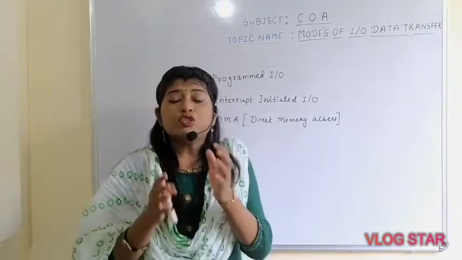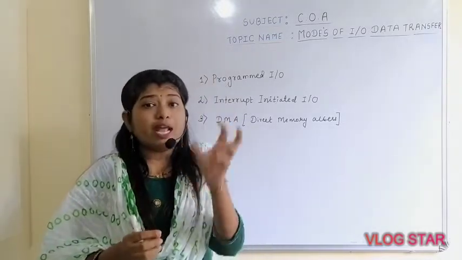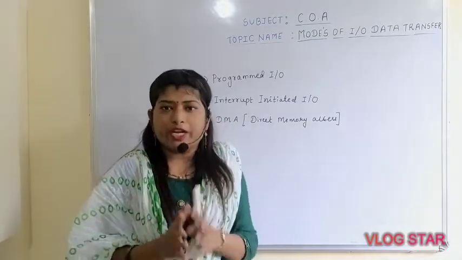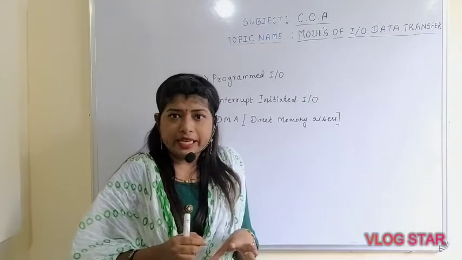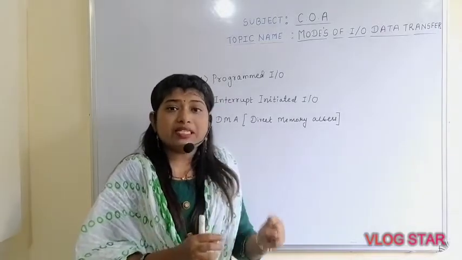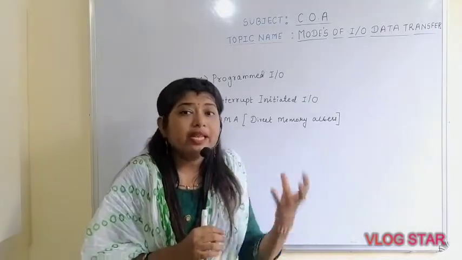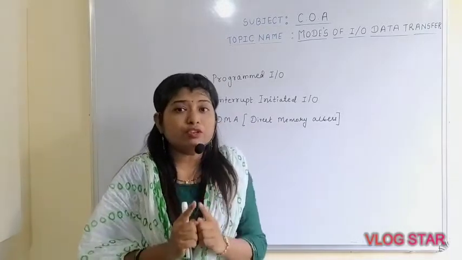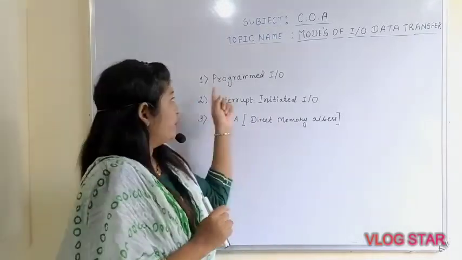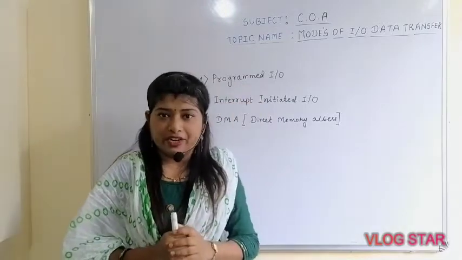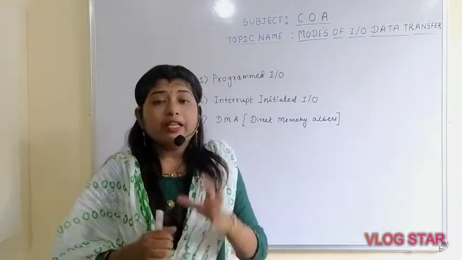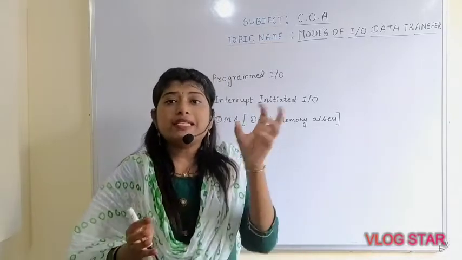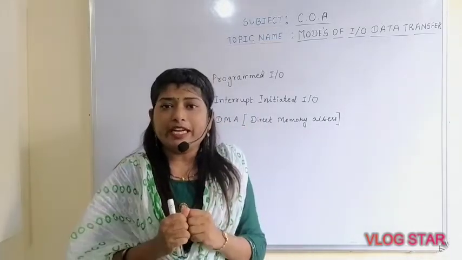So basically the program controls the data transfer between two different components, the CPU and the peripheral device. I hope you have understood the third point related to programmed input output data transfer. What was that? The program controls the data transfer between the CPU and the peripheral device.